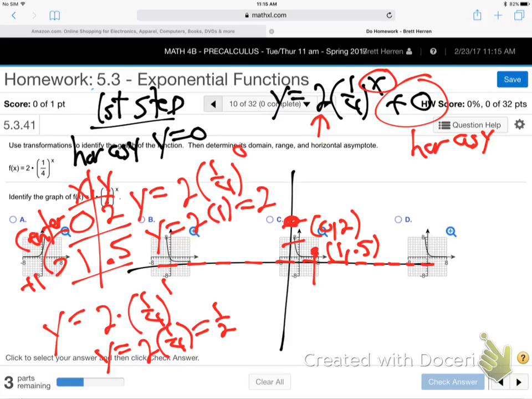I just went up half a unit, right? This is up 1, up 2. Is that making sense so far? So we got our center dot, over 0, up 2, and then our other dot, over 1, up a half. I plugged in 1 here, 2 times a fourth is a half.